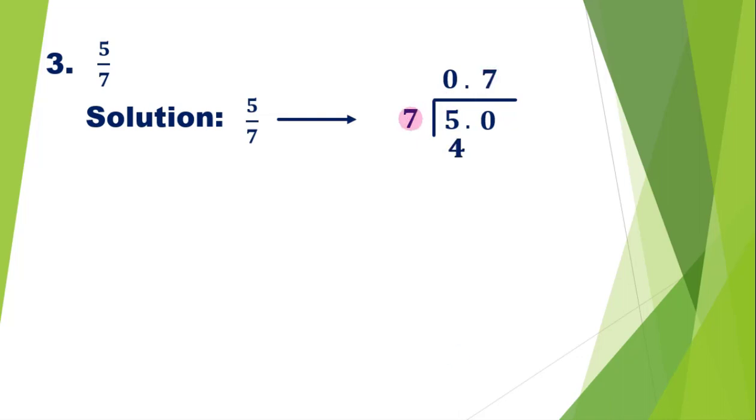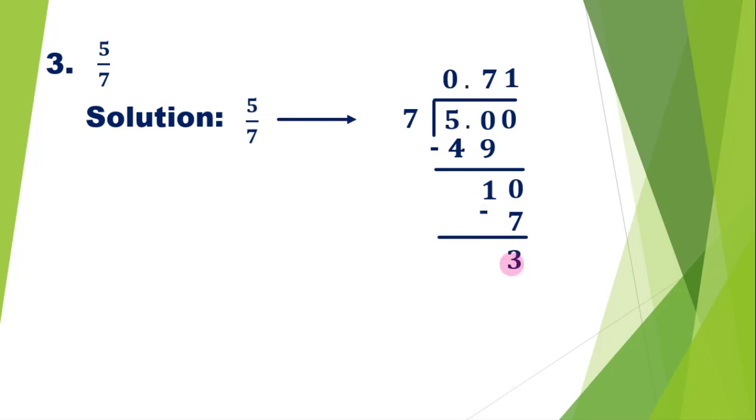50 divided by 7 gives us 7. 7 times 7 is 49. Then we subtract this, giving us 1. Then 1 cannot divide 7, so we again write 0 here and bring down 0. So we have 10 divided by 7, we have 1.